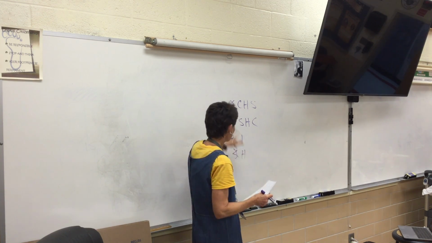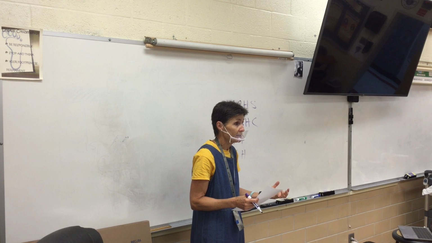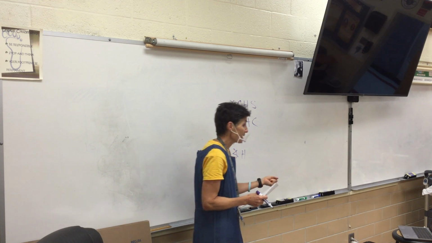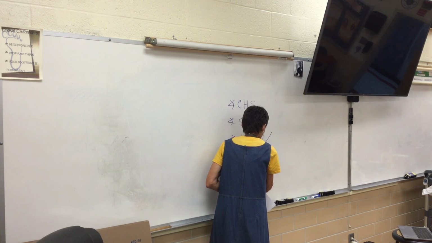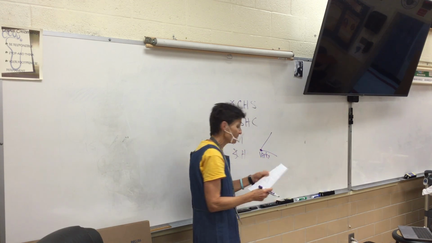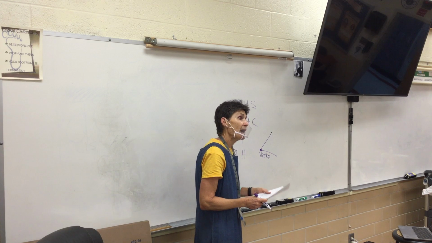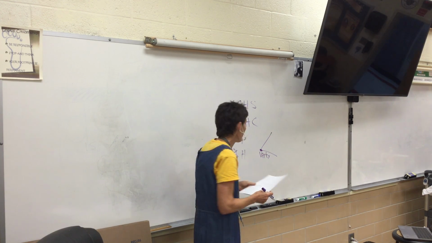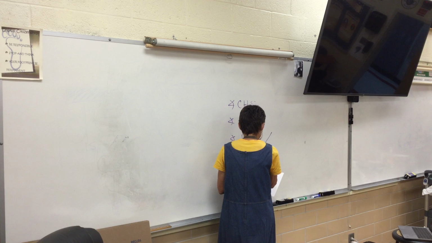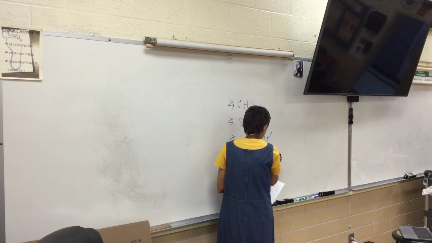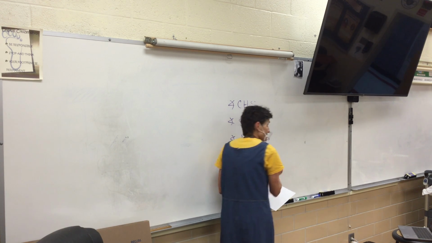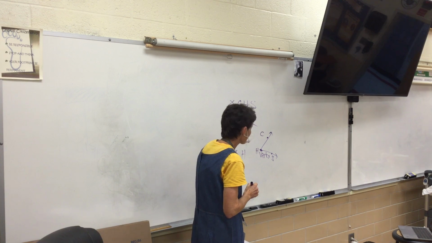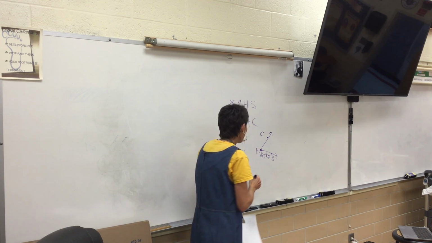So the next one says, what is the vertex? Well, the vertex is H, right? When you draw the angle, this is the vertex right here. So in this problem, that's H. Now, this is tricky. What are the sides? Anybody want to take a guess? What are the sides of that angle? Eric? Yes.